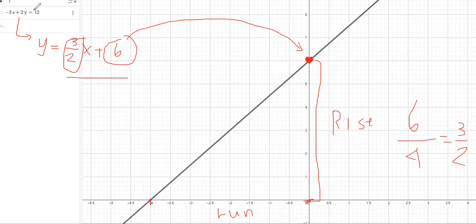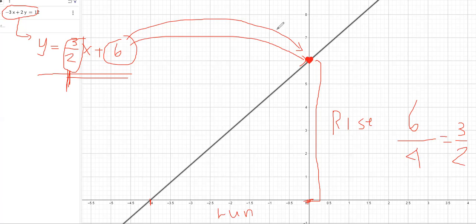So again, if this is the given, we transform into slope-intercept form, and then you find out the points, locate them and draw the line. The 6 represents the y-intercept, meaning the intersection of the line with the y-axis, and this one represents the slope, meaning the rise over the run.